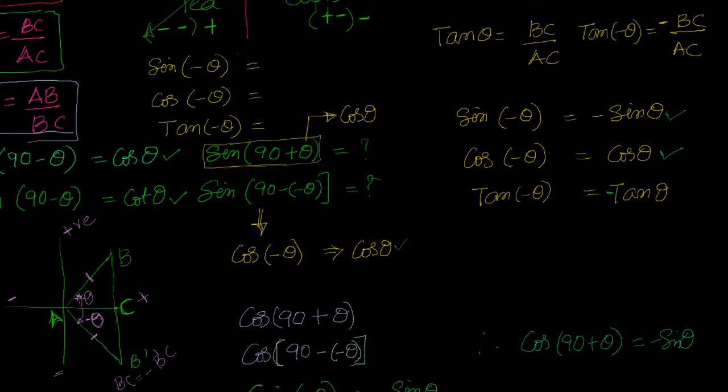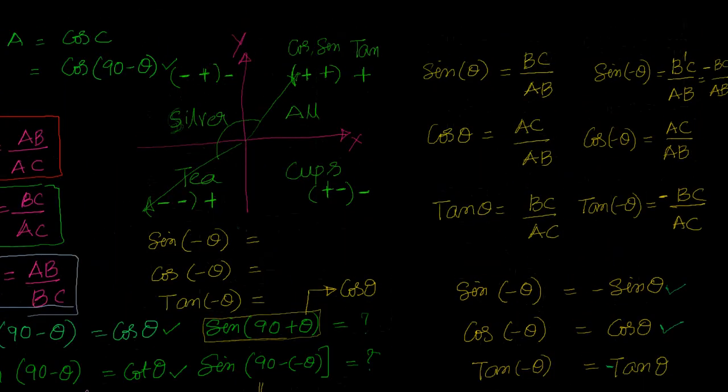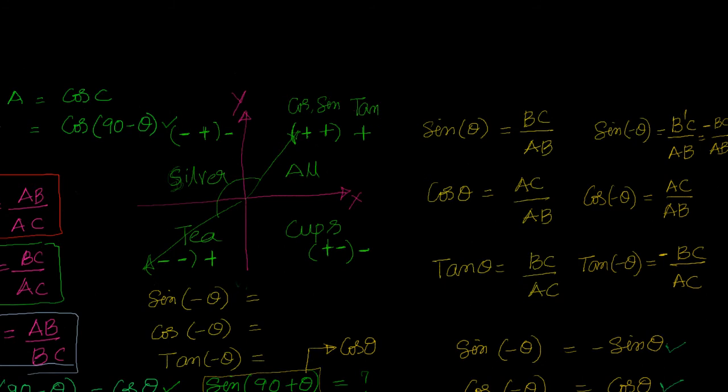Instead of this, if this particular line is making the same angle in this direction, then we know that cos is negative but sine is positive, which leads us to an important note: how all the angles behave in four quadrants. This is the first quadrant, this is the second quadrant, third quadrant, and fourth quadrant.